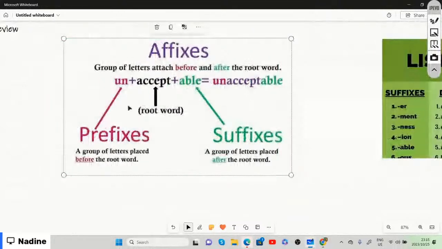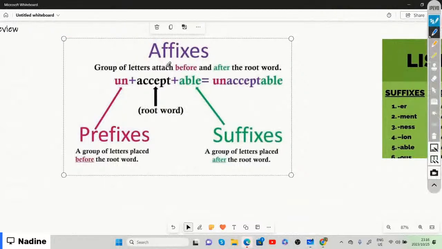Okay, so if you look at this page in front of us, it's called affixes. So this is basically prefixes as well as suffixes, right? And it says a group of letters attached before and after the root word.